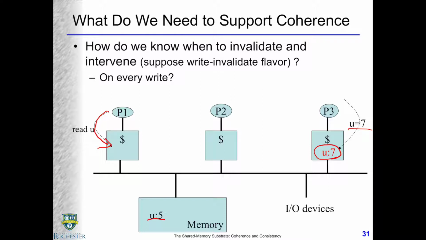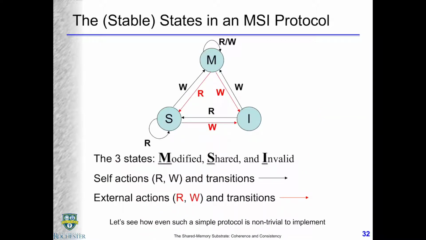When do we know to invalidate? How to intervene? When? So pause a moment and think about how you would do it. How would the cache controller be able to tell, I need to do this and I need to do that? If your answer is we need to keep track of it, that would be the right answer.